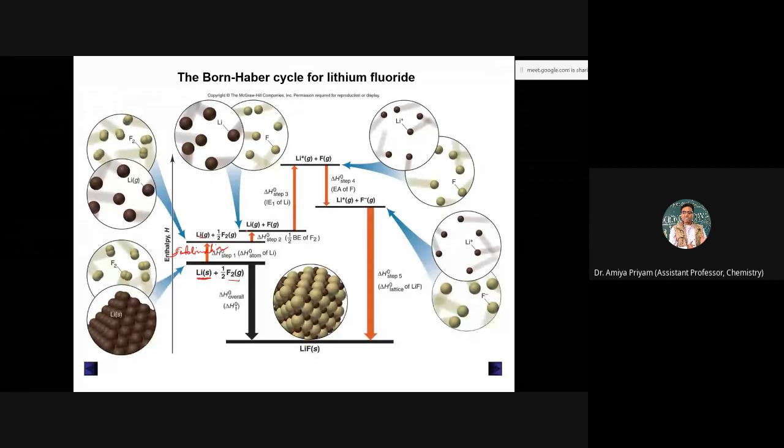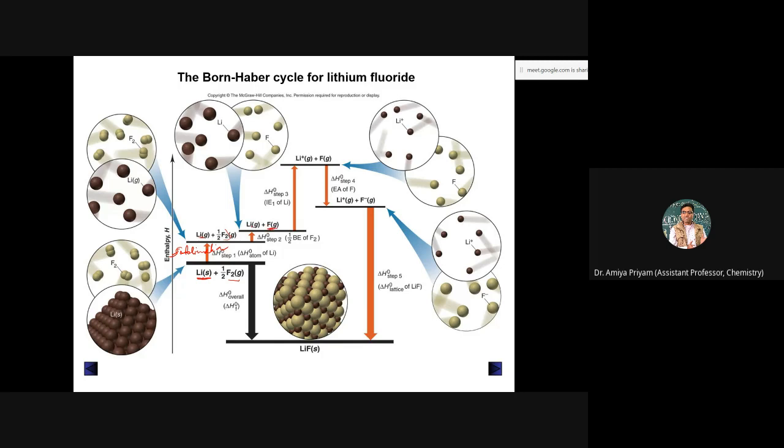The second step is that you have also defined, for fluorine, the electron affinity. Electron affinity has been defined for a gaseous atom, so fluorine exists as a molecule, and you need to dissociate it. So this is the F, gaseous atom.